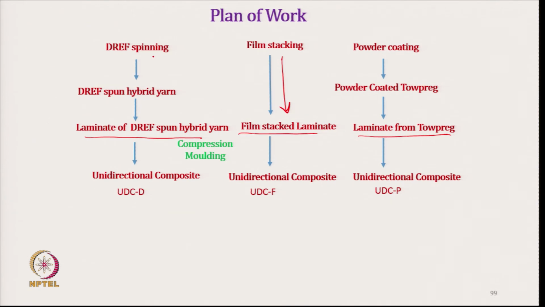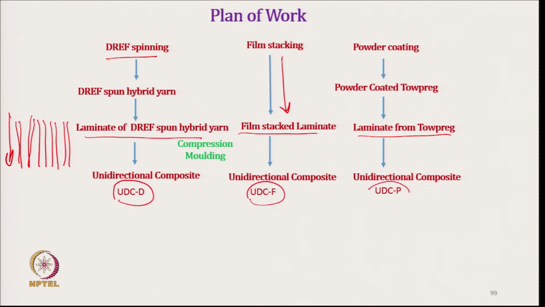So, from DREF we will make the unidirectional composite, that means the filaments or yarns will be parallel, unidirectional, where the carbon filaments will be along the axis, okay, parallel to the axis. When it is made from DREF spinning, it is called UDC. When it is made from film stacking, UDCF, and powder coating, UDCP.